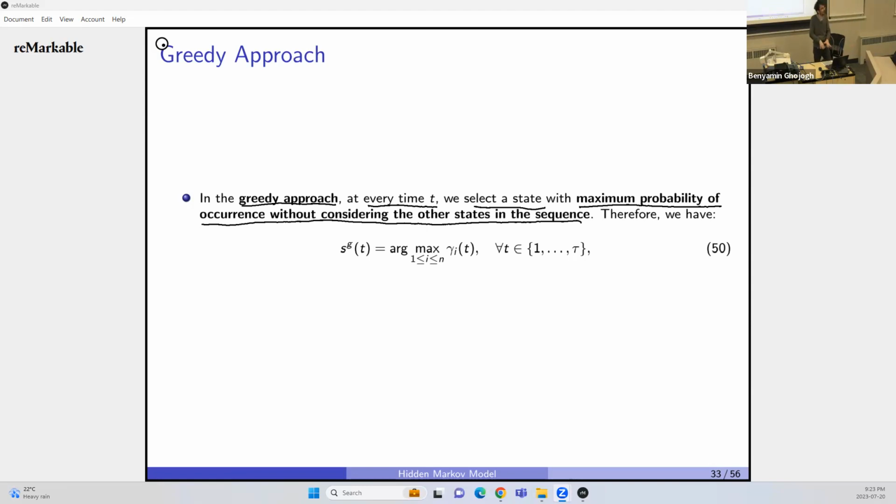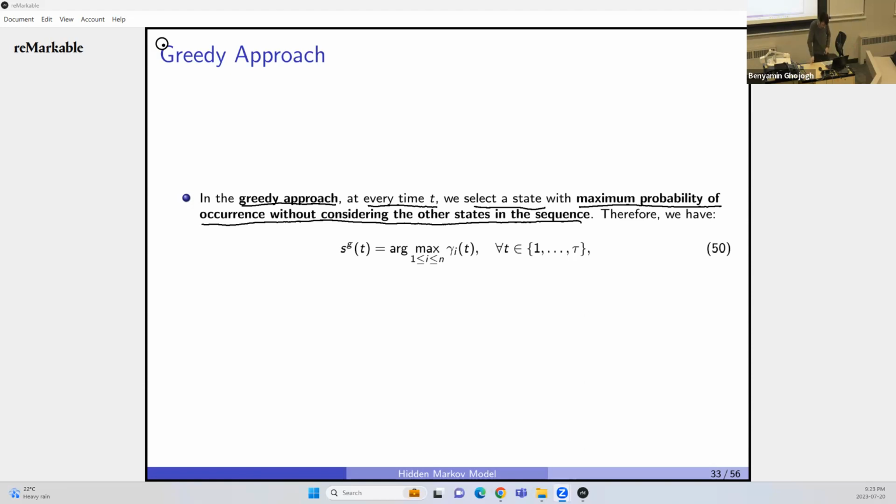Let's relax the problem: rather than finding the best overall thing, let me find the best thing for my current step. Hopefully, if you aggregate the local bests, it finally approximates the global best. It might not, but hopefully. This is the greedy approach, because at every iteration you are greedy.